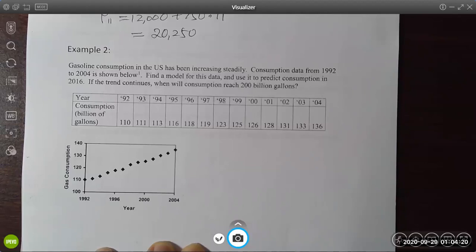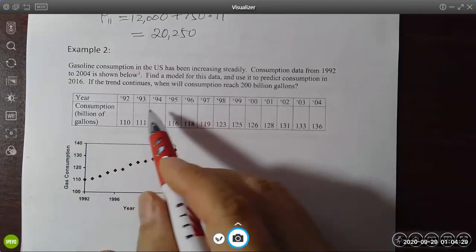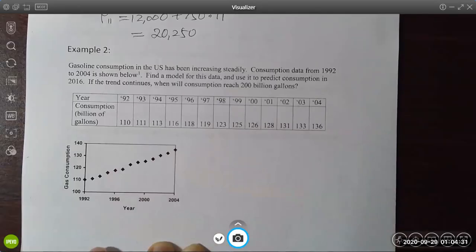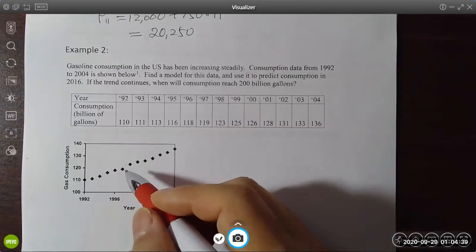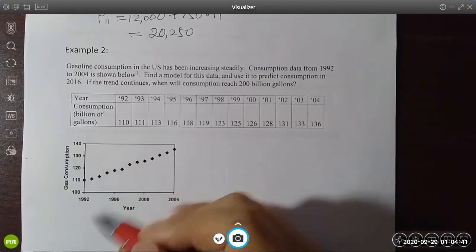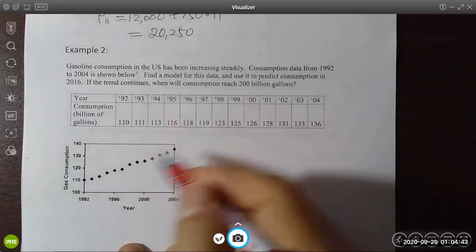Now this time, we are not told whether it's linear or not. There's no way we can know that. The only thing we have is this table. In other words, we have to determine whether it's linear or exponential from this table. How do you determine that? I copied this whole problem from the book.